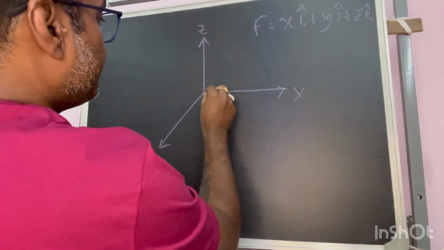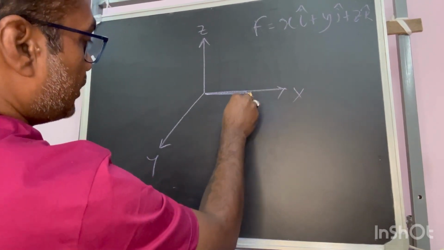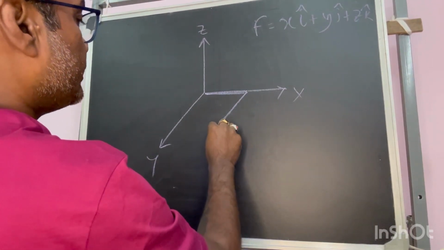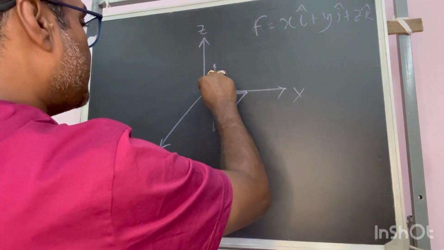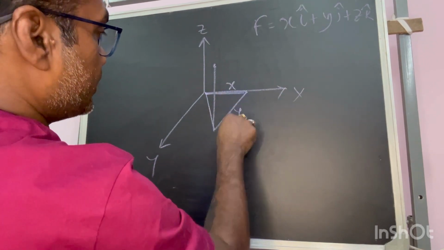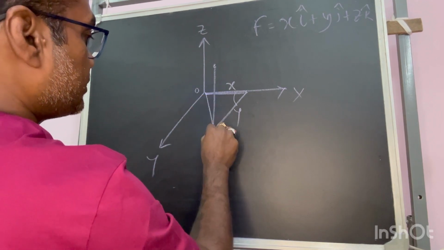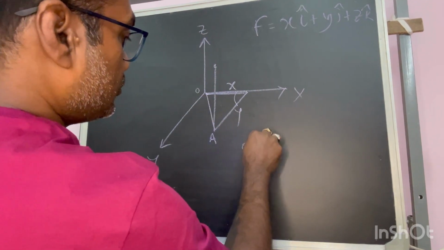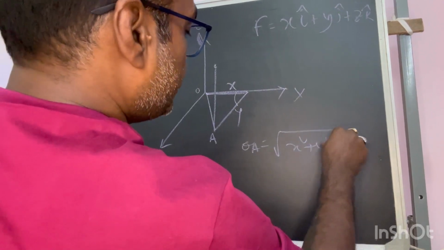Let's say this is f. So x will go this side, then y will come this side, then let's say z, I'm coming this side. So first if I calculate between x and y, this is x, this is y, so this is 90 degrees. So what is this much? If I take this as A, OA will be the root of x square plus y square.